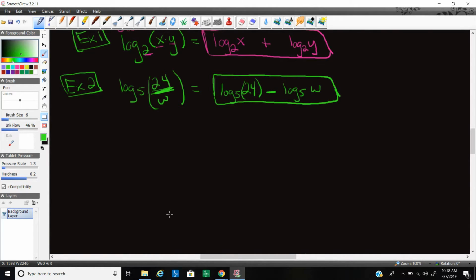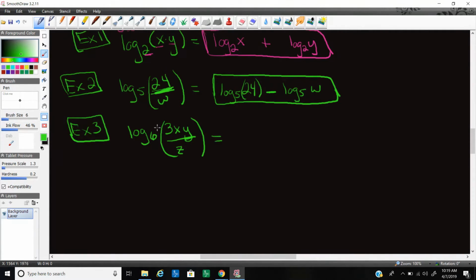That is our expanded form. Okay, so you might ask, well, these look kind of similar to the chart above, so that's why they're so easy. So let's go ahead and look at one that has a little bit more terms. Let's say log base 6, and we'll do 3xy over, I don't know, z. Okay, so this is going to be a combination problem.